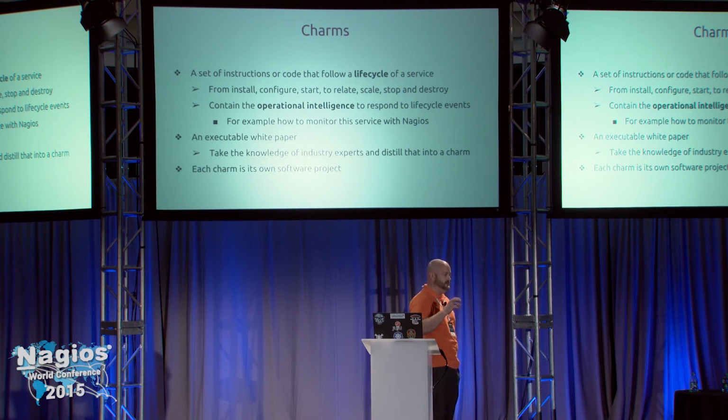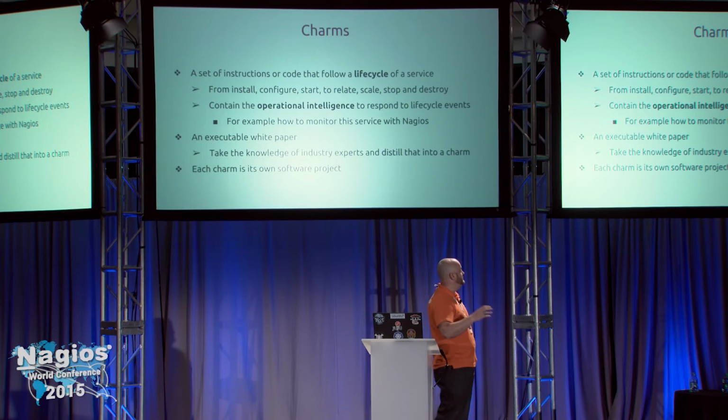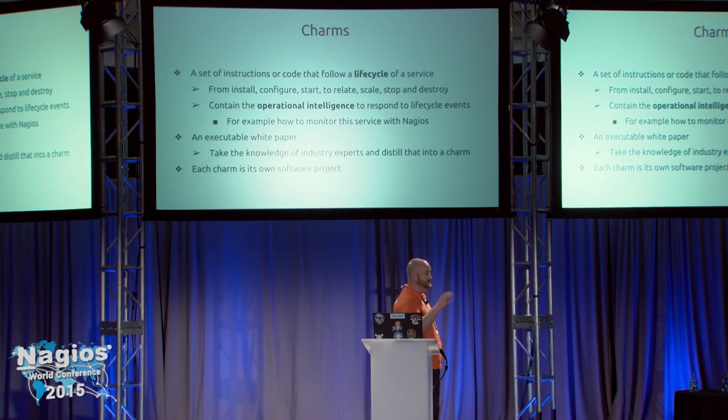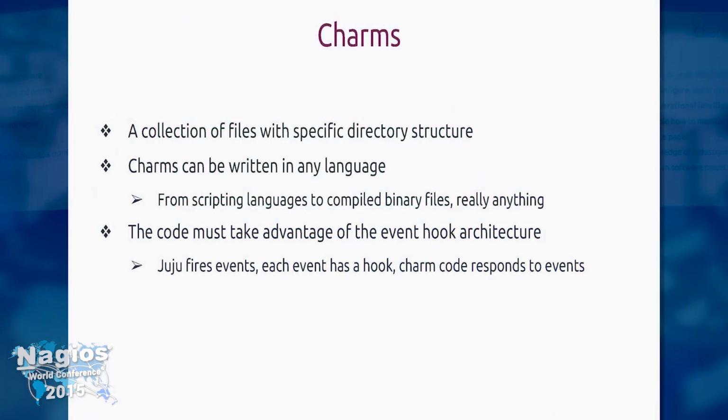We're taking the experts and how they install Nagios or NRPE, and we're taking that and distilling it into a charm and doing it in an industry best practices way. And each charm is its own software project. We can version them. You can refer to older versions. They're a complete software project.